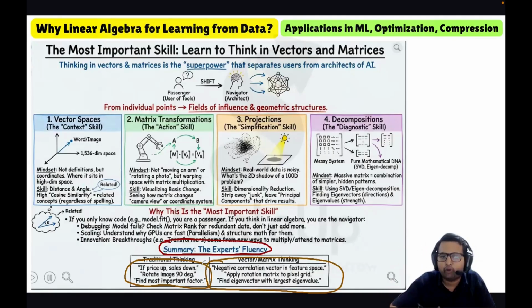In traditional thinking, we say rotate image 90 degrees; in vector and matrix thinking, we say apply a rotation matrix to the pixel grid. In traditional thinking, we say find the most important factor; in vector and matrix thinking, we say find the eigenvector with the largest eigenvalue.